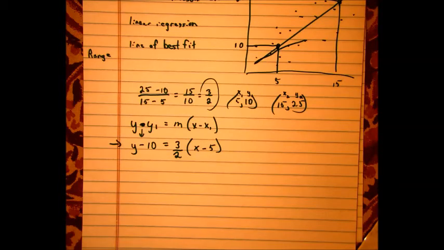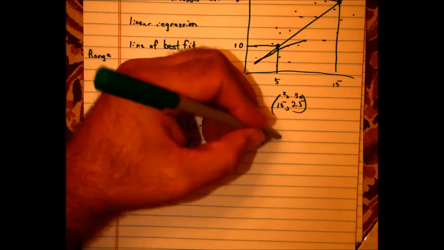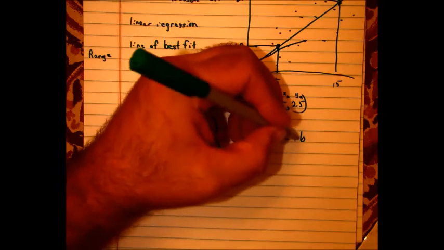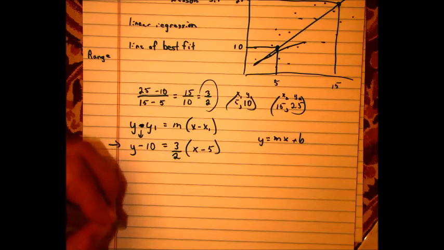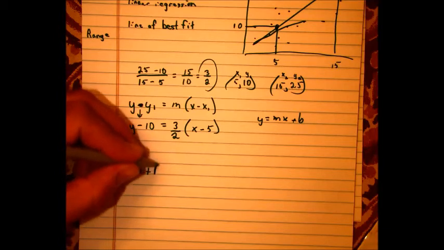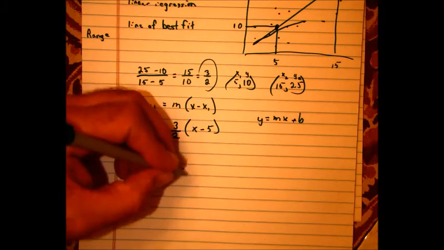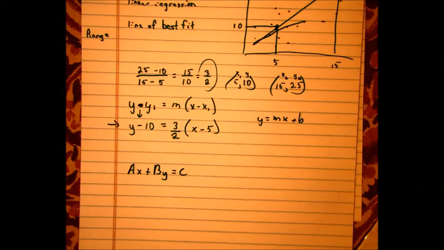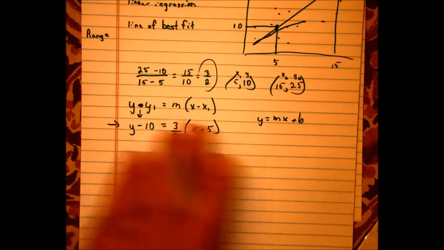That linear equation then can get changed. We change it into, this is point slope form. We can change it into y equals mx plus b form. Or we can change it into what they call standard form, which is what we're going to talk about a little bit later in 3.2, which is ax plus by equals c. These are forms of an equation.